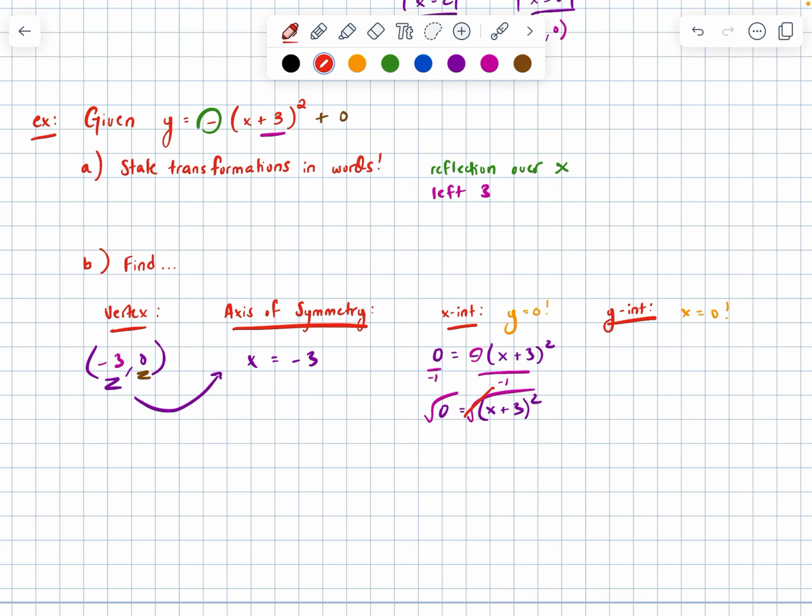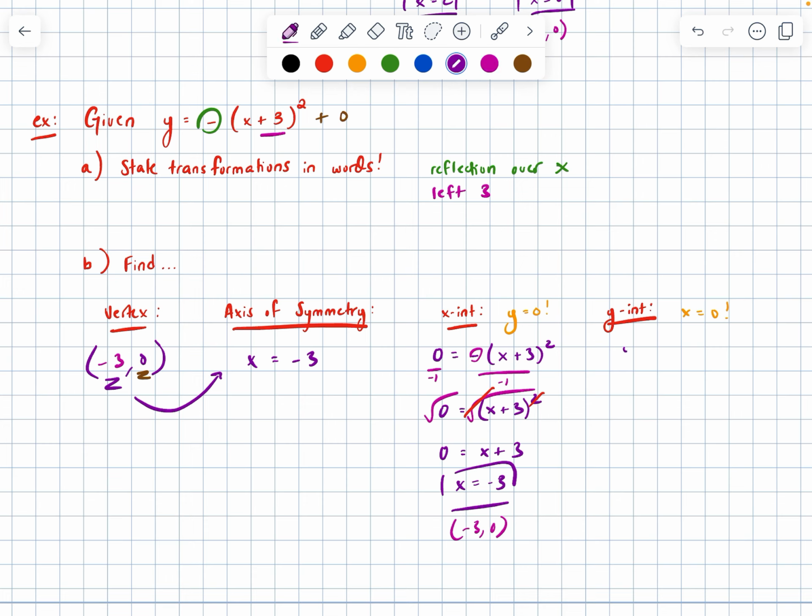Again, I want to get rid of the plus 3, but I can't do so until I take the square root of both sides to cancel out the square. The square root of 0 is just 0. I could write plus or minus, but it's trivial. If 0 equals x plus 3, subtract 3 from both sides, x is equal to -3, which tells me here that the point (-3, 0), my vertex, is in fact the only place where I cross the x-axis.